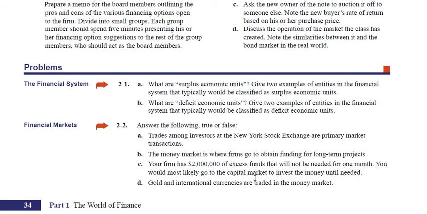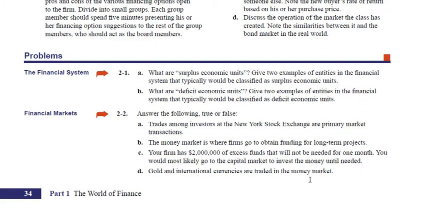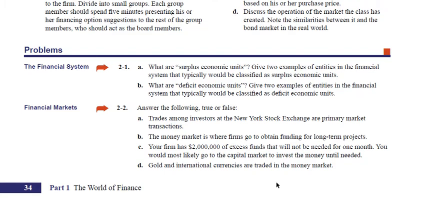You would most likely go to the capital market to invest the money until needed. Nope, that's false. Now, all these are false, which means the true statement, where you would actually go here, you can easily find in the chapter. And lastly, gold and international currencies are traded in the money market. No, they're not. False. So all those are false. Okay.